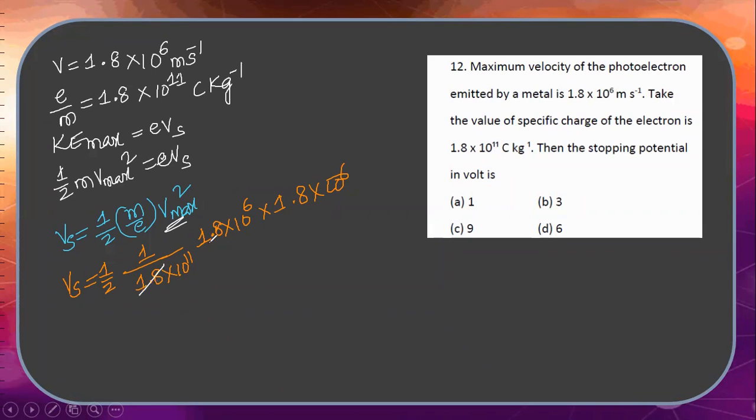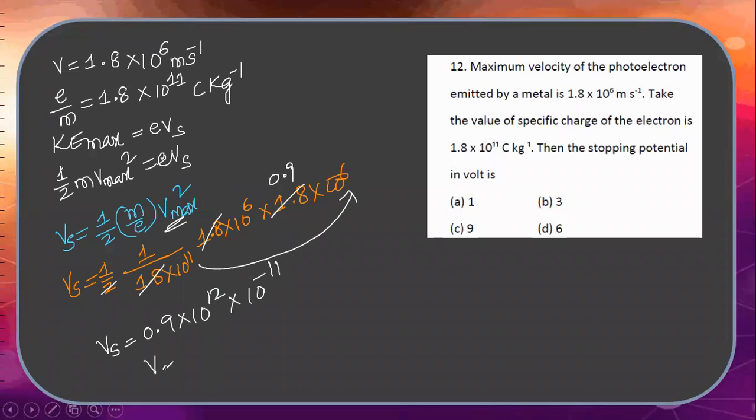Then 1.8 and 1.8 get cancelled, the 2 cancels, and 1.8 becomes 0.9. This 10 power 11 comes to the numerator. So Vs is equal to 0.9 into 10 power 12 into 10 power minus 11. Therefore, Vs is equal to 9 volts.